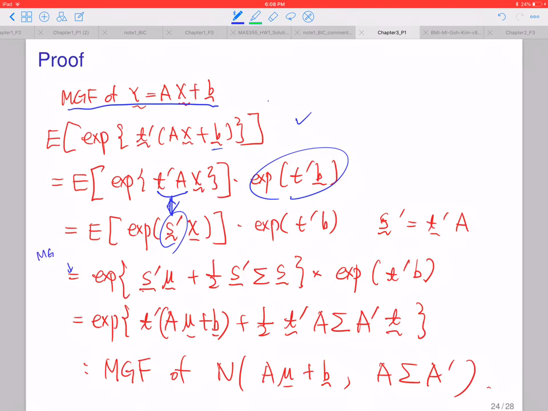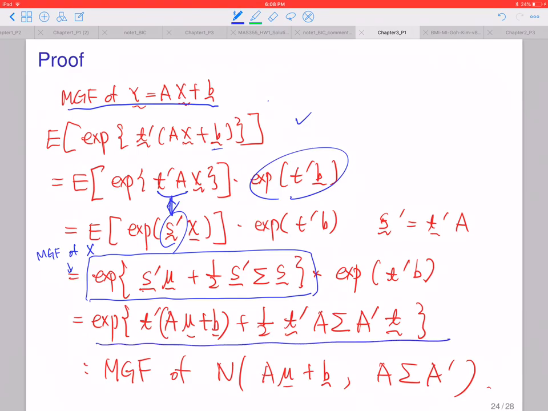We already derived the form of the MGF of X, and then we simplify and end up getting this form. This is the mean part, and the quadratic term inside is the variance covariance part. So that is the MGF of this particular normal distribution.